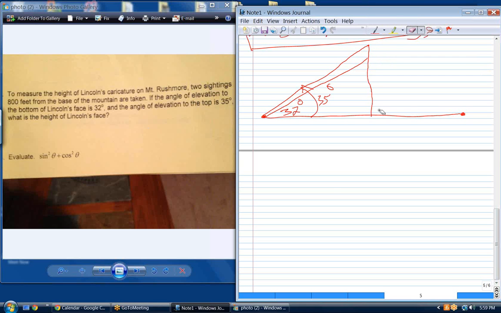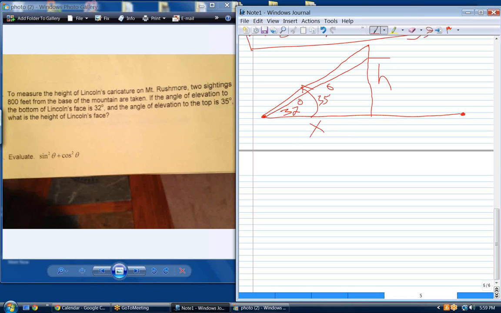Here, 1 second. 32 degrees. So the top. That's 35 and that's h.